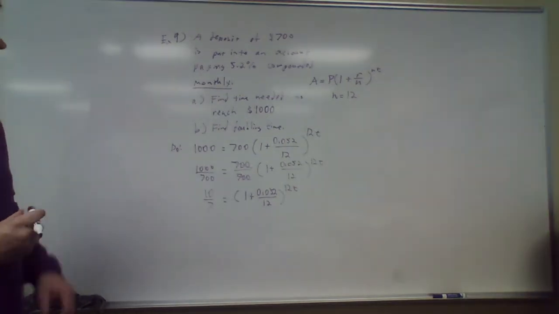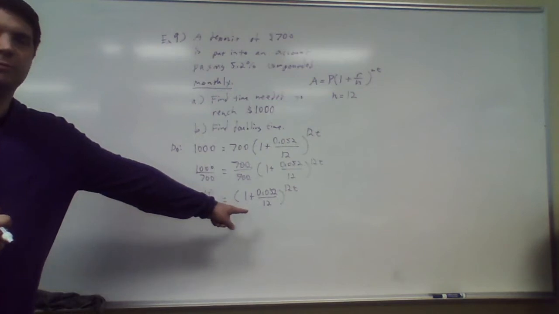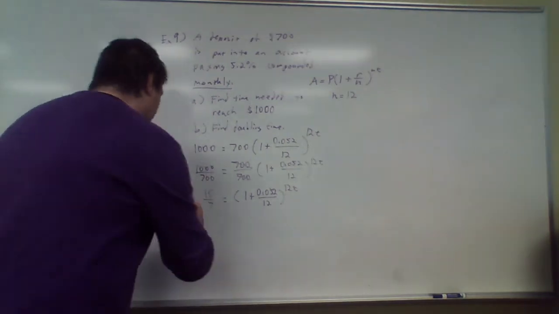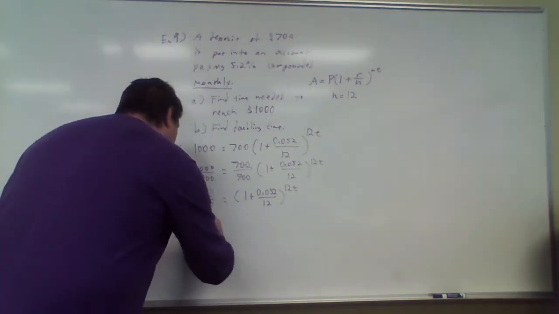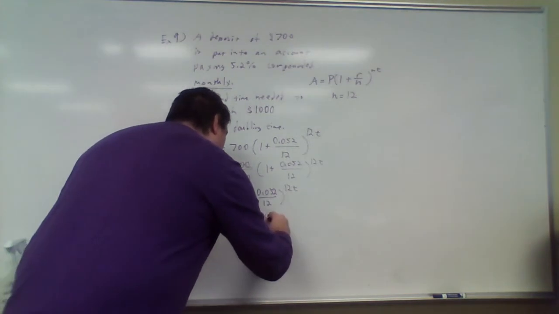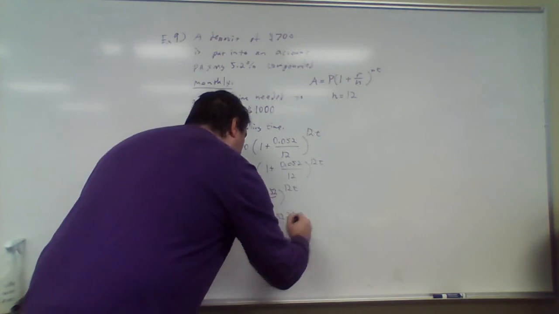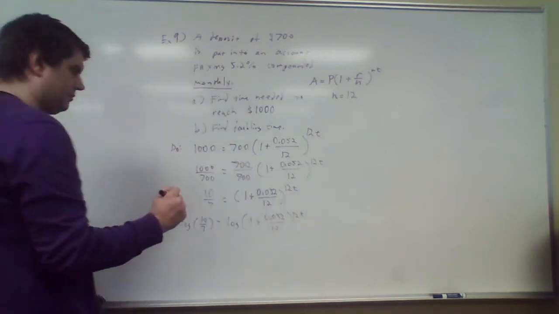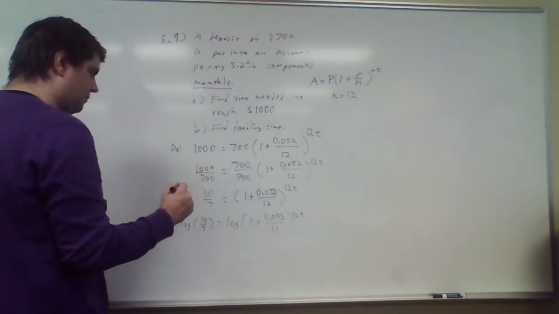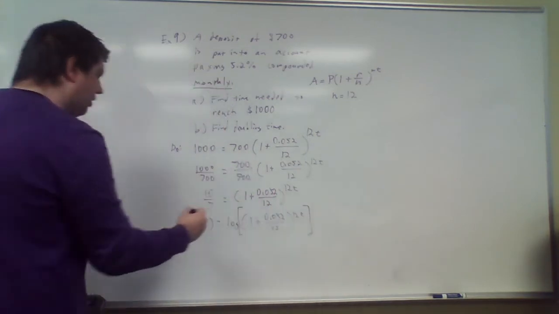Now, because this is not e, we're going to use common logarithms. So, log of 10/7 equals log of 1 plus 0.052 over 12 to the 12t power. I guess I should put this in brackets to show that you're taking the log of all that.